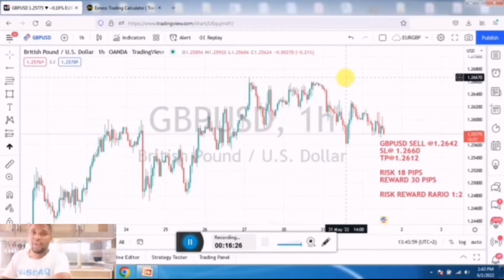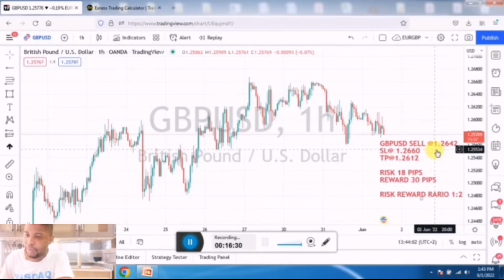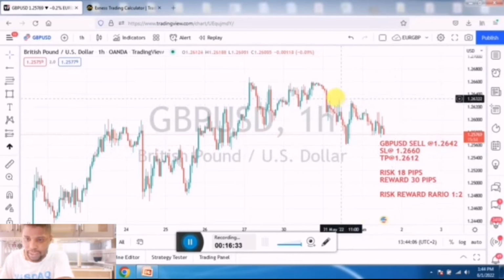Let us say you want to sell GBP/USD at a price of 1.2642. Let us say it is somewhere around here. This is where you want to sell GBP/USD. Okay, let us mark this level.